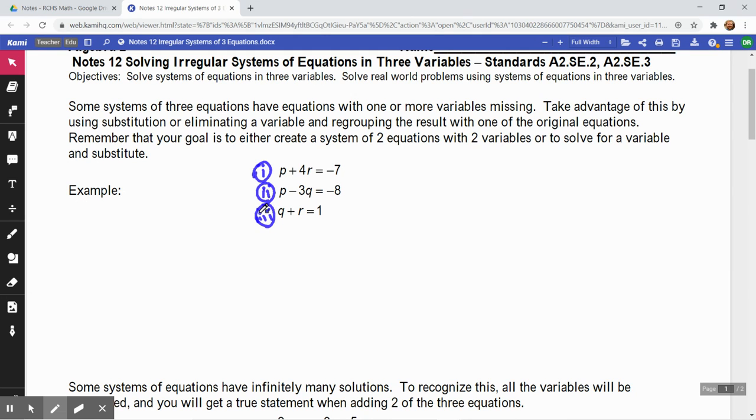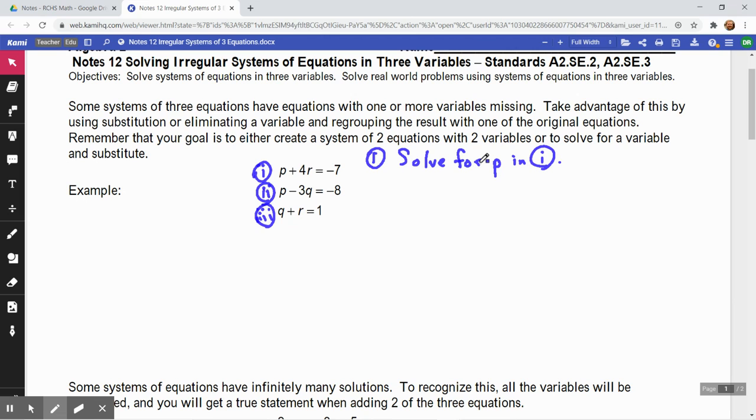Okay. So we have our three equations here, and my first step is I'm going to take equation 1. So here's step 1. I'm going to solve for P in equation 1. I'm just keeping track of what I'm doing in case I need to go back later. So I'm going to put a circle 1 right here.